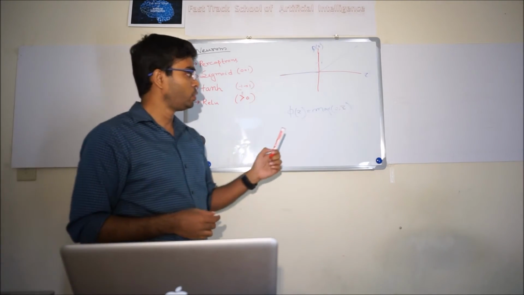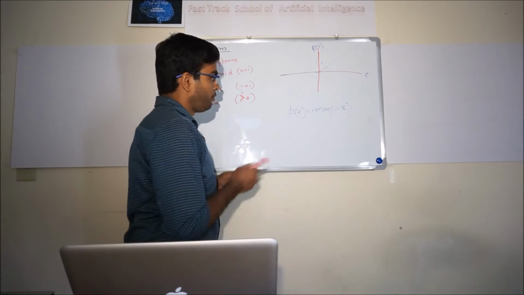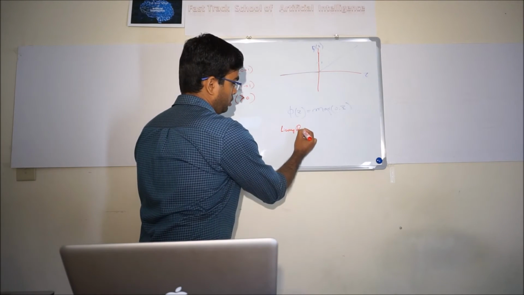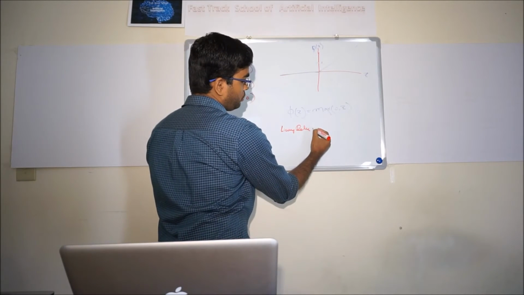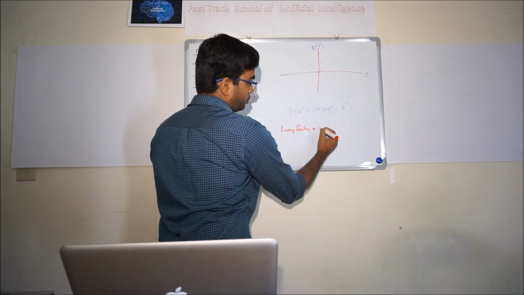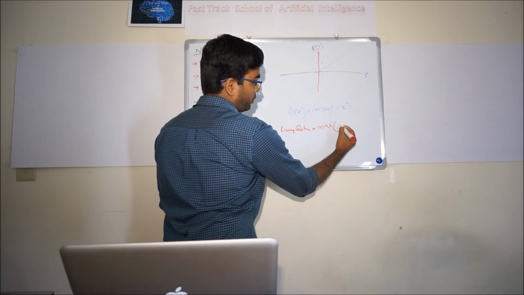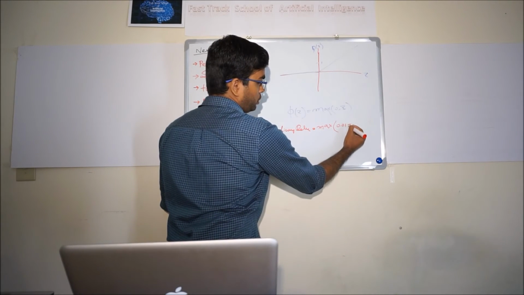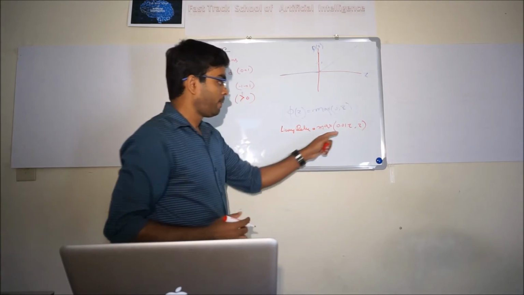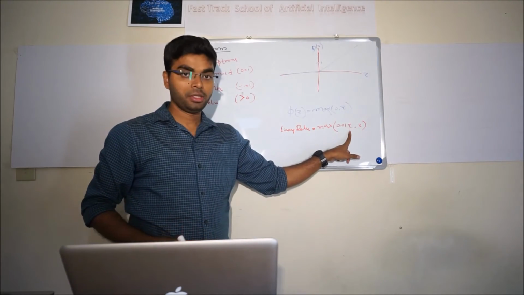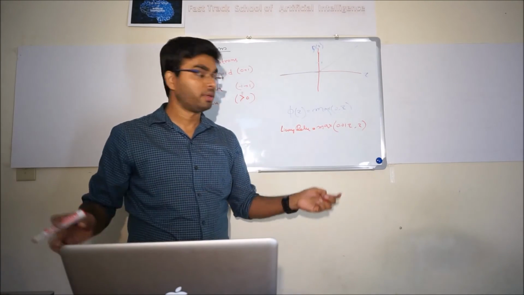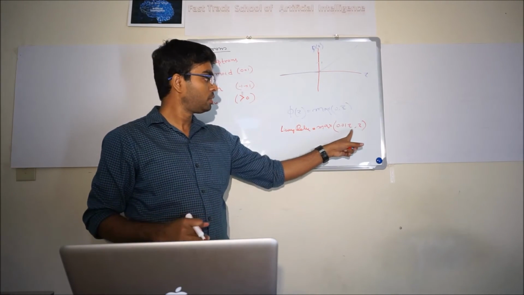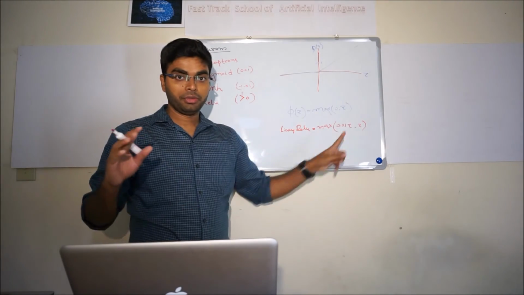What they do is, in the place of this hard 0 for leaky ReLU, they take max of 0.01 z and z, some compromise fraction of z, like divided by 100, or a thousand, whatever fraction they want to take for the negative values, and z if it is greater than 0.